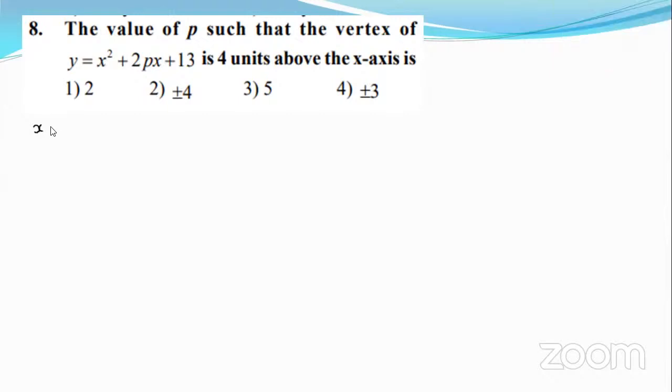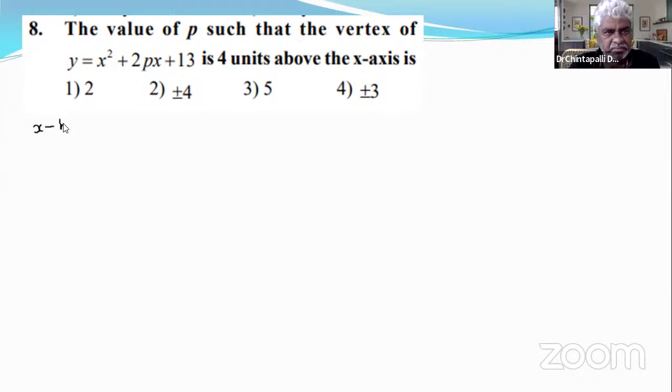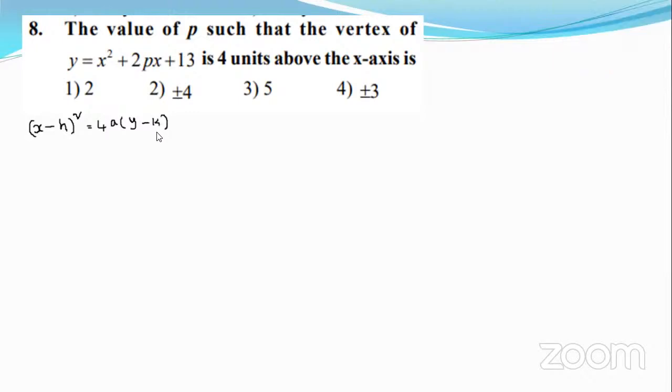x minus h whole square is equal to 4a times y minus k. It is one case of the parabola.